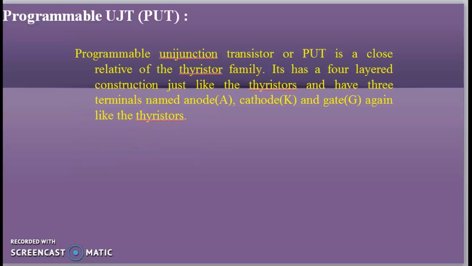So, Programmable Unijunction Transistor or PUT is a close relative of the thyristor family. It has 4-layered construction just like the thyristors and has 3 terminals named anode, cathode and gate, again like a thyristor.